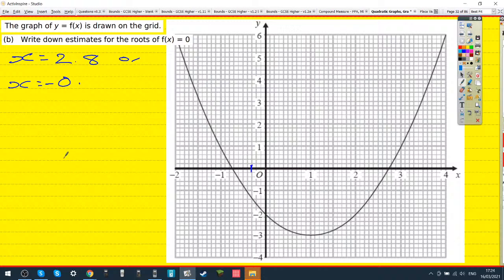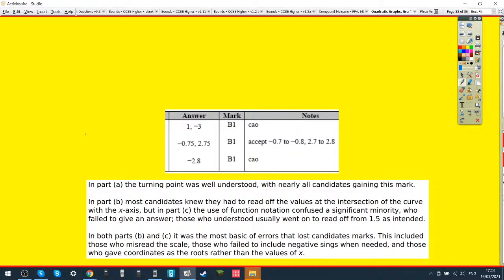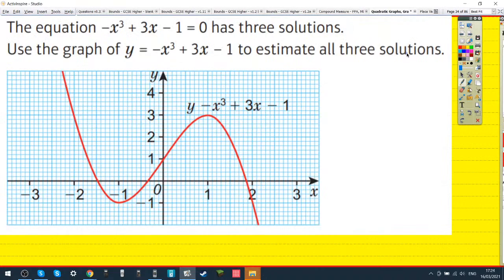Oh, so minus 0.8. Yeah, it's close enough. I think it's minus 0.75 and 2.75. Let's take a look. Minus 0.75 and 2.75 and minus 0.8 and 2.8 was fine. Anything between 2.7 and 2.8. Yeah, and the other way around as well. Okay, how about this?